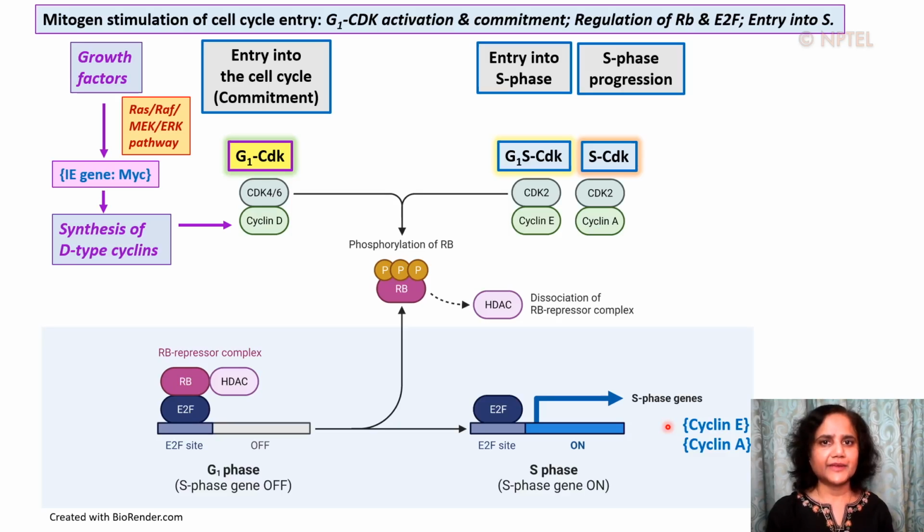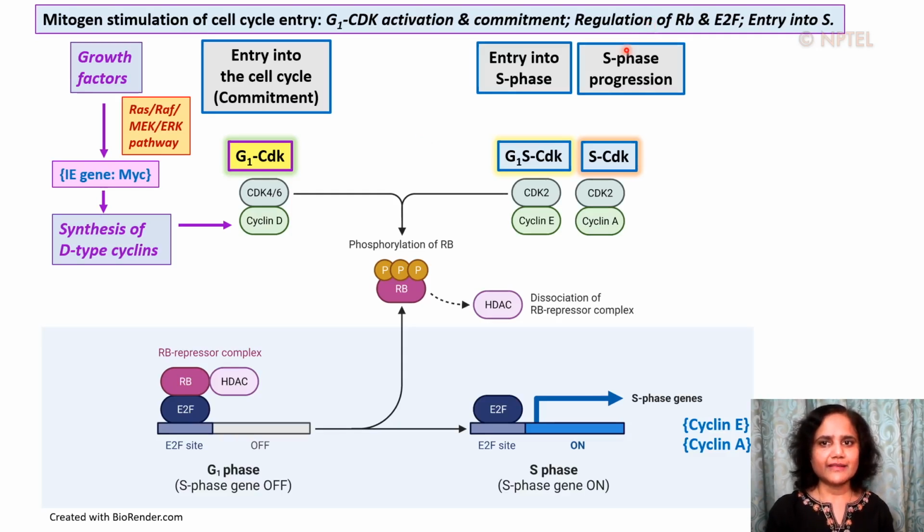Also cyclin A. The growth factor signaling reduces the transcription and translation of p27, a CDK2 inhibitor, lowering its levels. So activated CDK2 also phosphorylates p27 and targets it for degradation by ubiquitin-mediated proteasomal degradation.